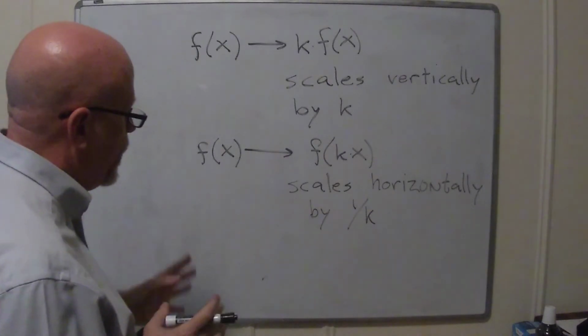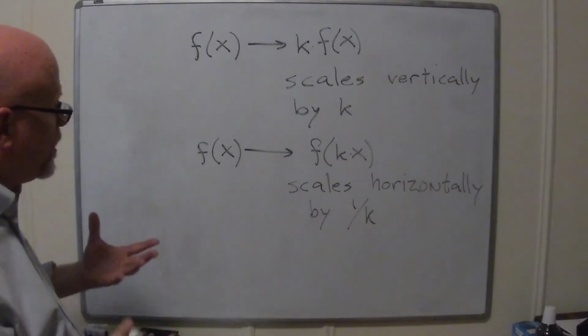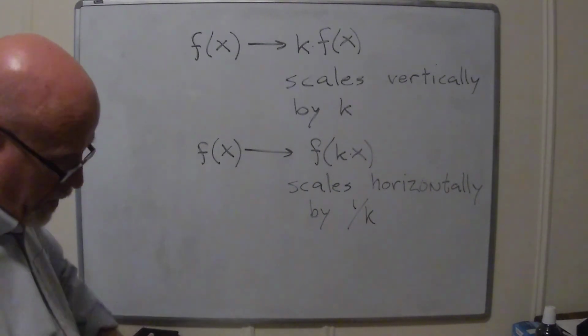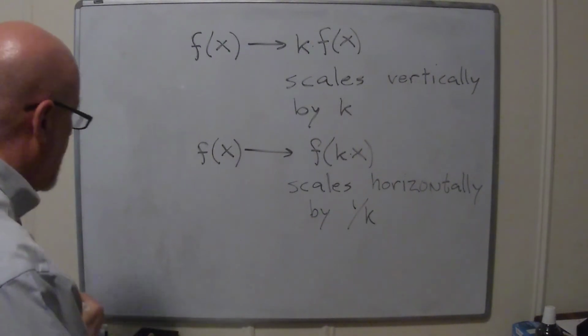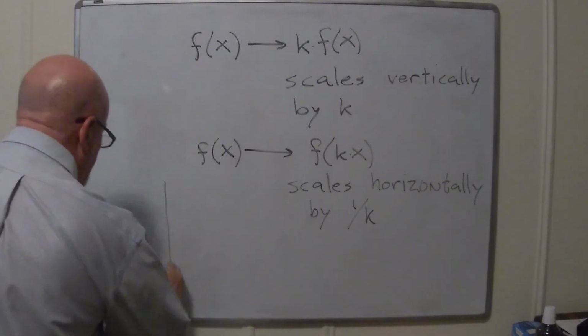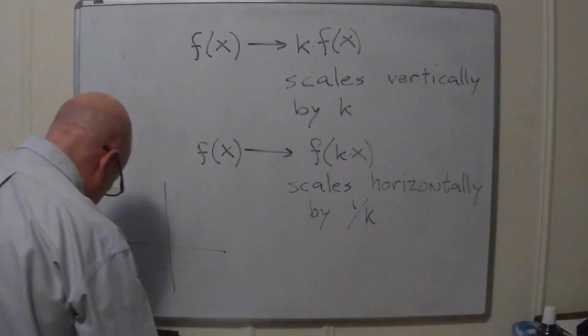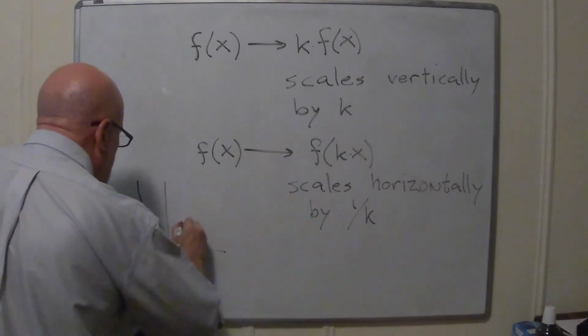Right, so the last thing to say is you can take all these operations we've talked about, adding or multiplying on the inside or on the outside, and mix and match them to make all kinds of weird things happen. An example would probably be in order. Here's the graph of y equals x squared.